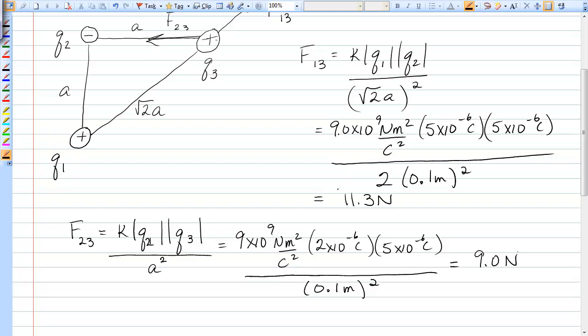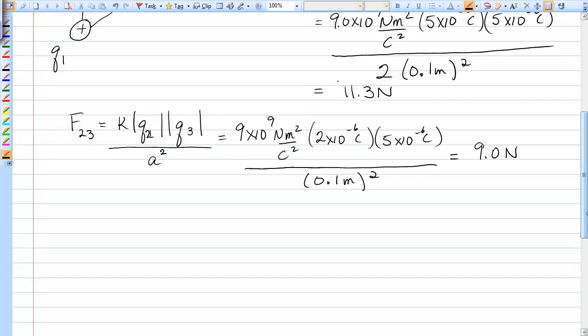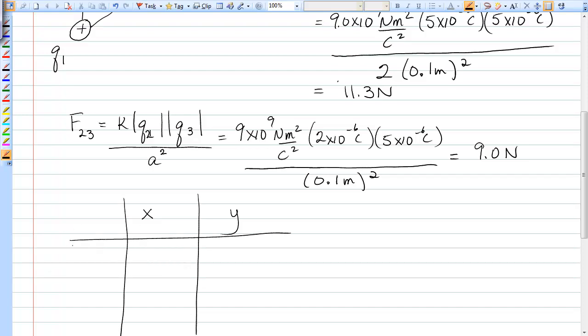Okay, those are the magnitudes, but in order to get the vector resultant of those two forces, we have to go to components. So we'll make a table of components. And for each force, we'll calculate the components. So for F13, it has an x and a y component. The x component will be 11.3 cos 45.